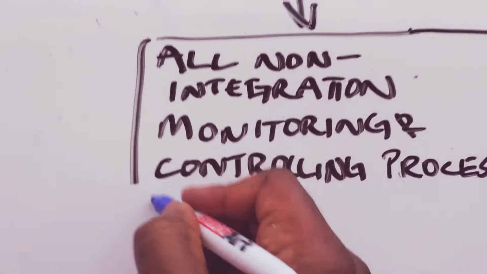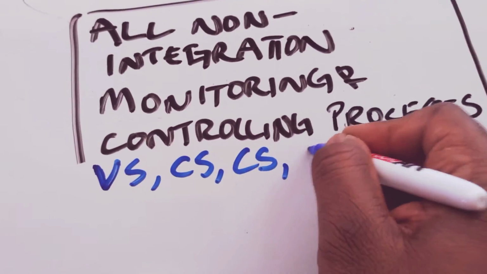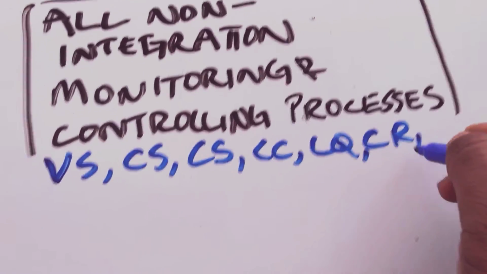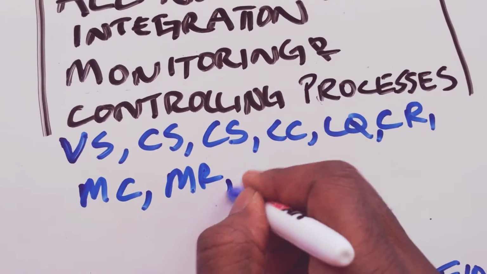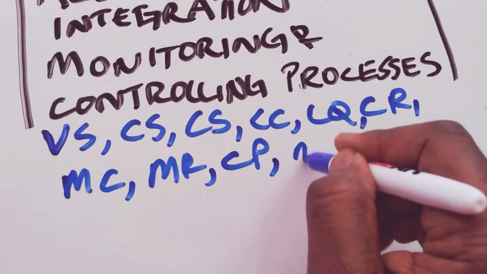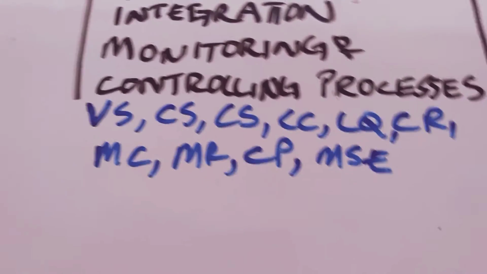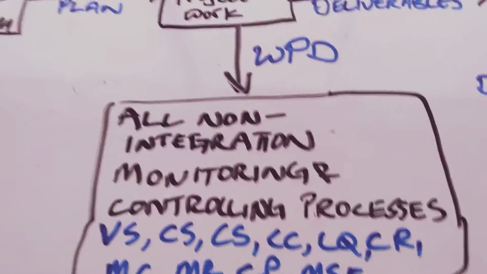So we've got validate scope, control schedule, control cost, control quality, control resources, monitor communications, monitor risks, control procurements, and monitor stakeholder engagement. 1, 2, 3, 4, 5, 6, 7, 8, 9, 10. 10 processes here are going to accept work performance data.